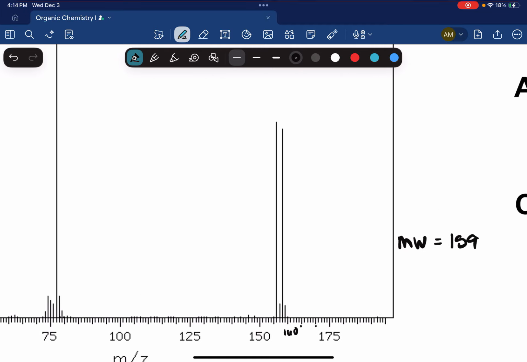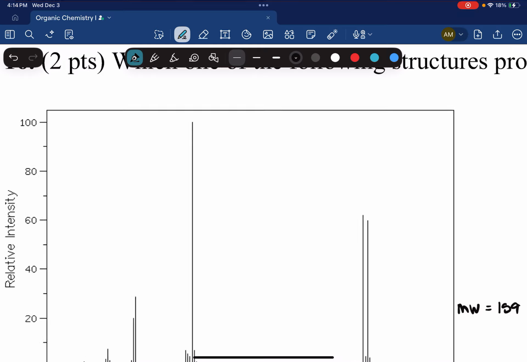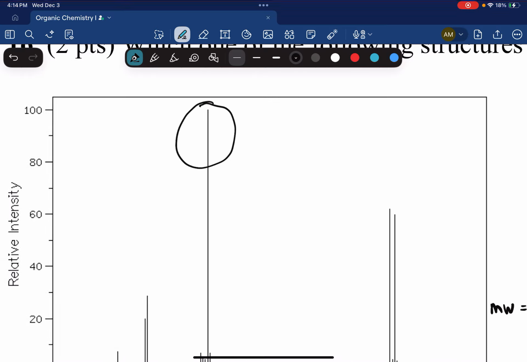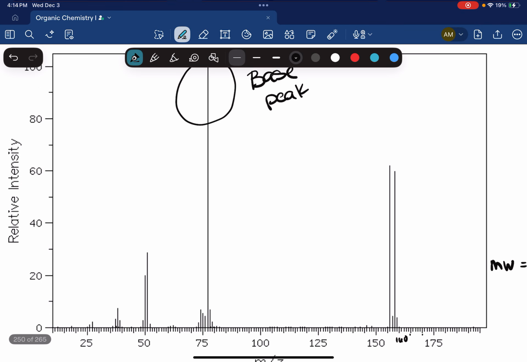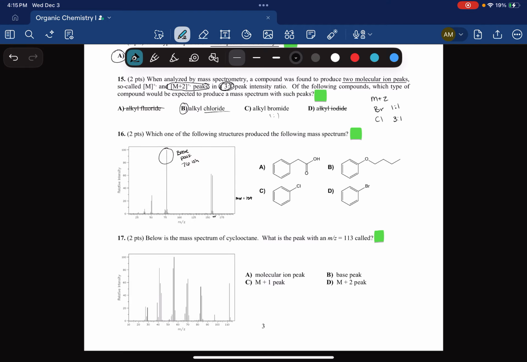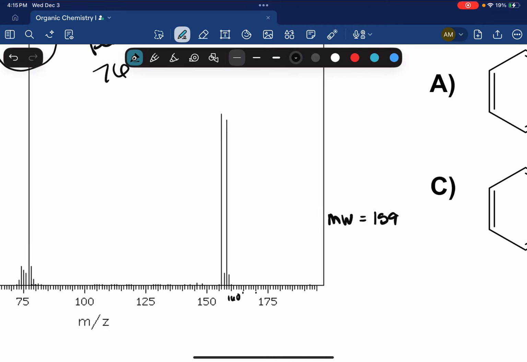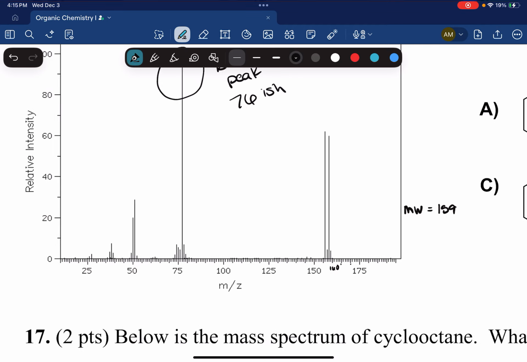And our base peak, I believe was the term for it, is at just about 76-ish. Okay. I'm not seeing an M+2 peak here. Are you guys? So I'm going to go ahead and eliminate.